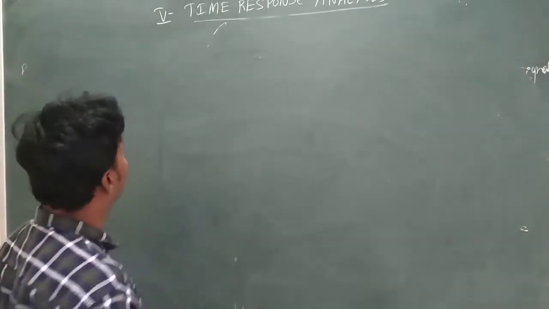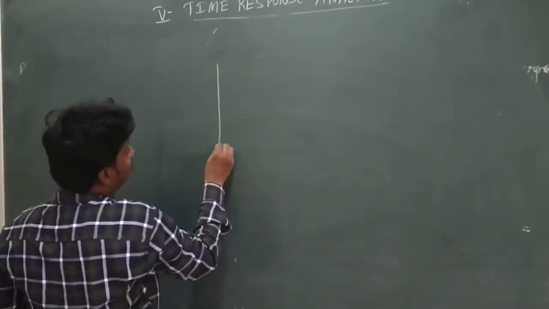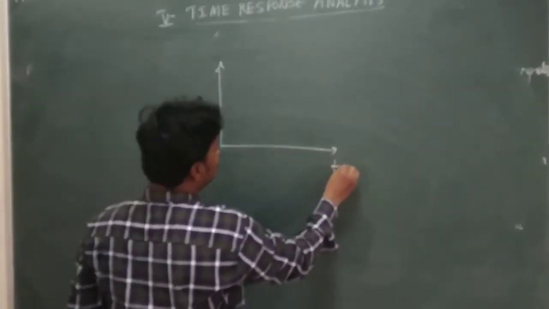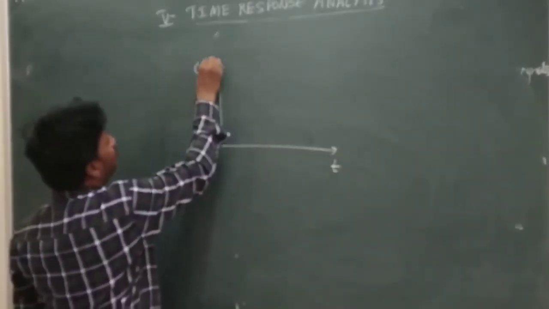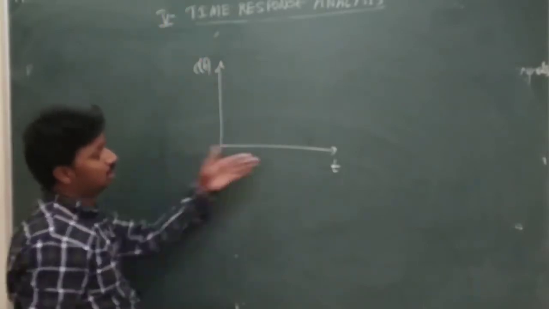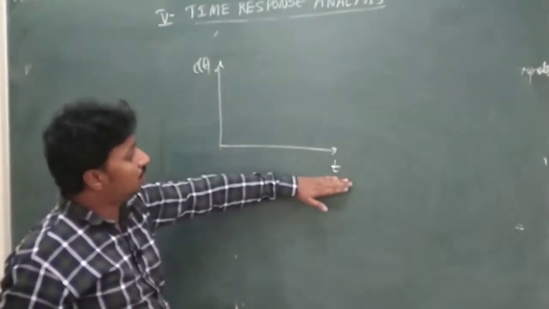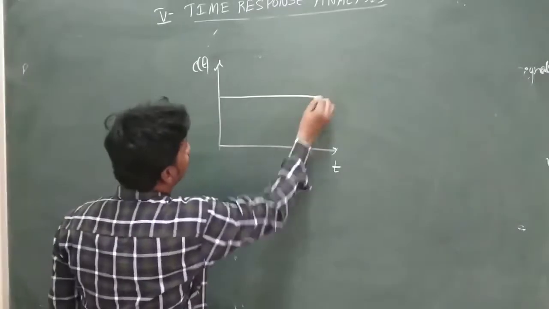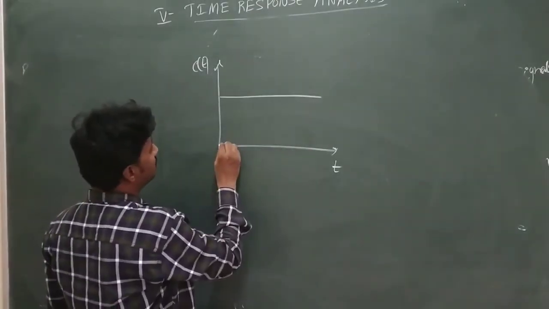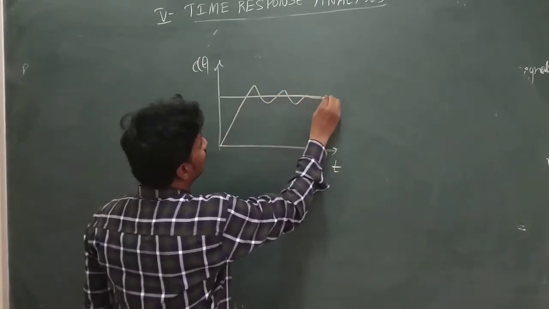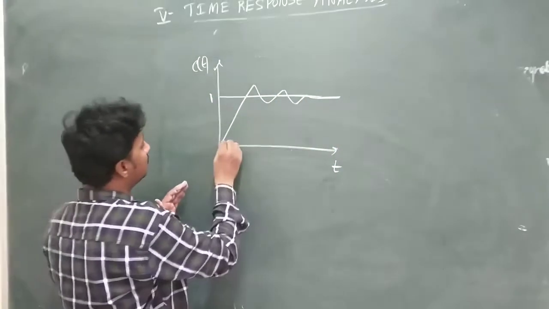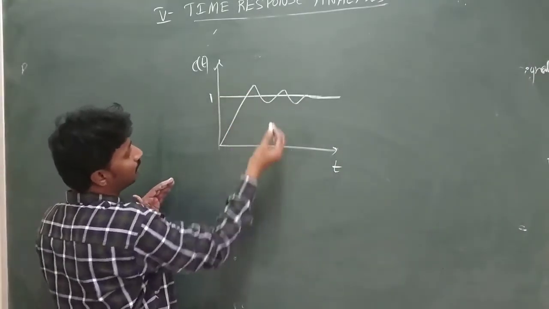If you take a system, this is the system output, the system response. This is the input and this is the output. On the y-axis is the output and on the x-axis the time. So for example, you give an input and you get a response like this. Just concentrate. This is the input you are giving to the system.